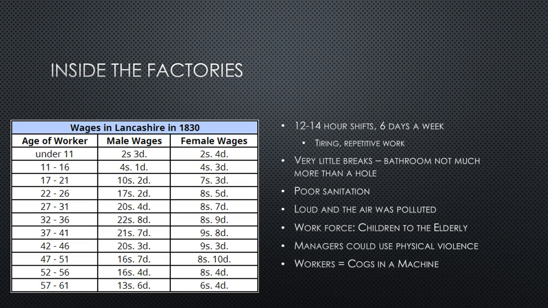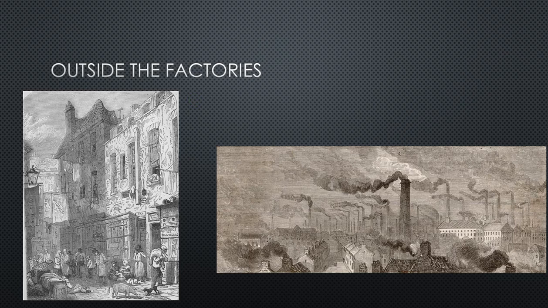Okay, so that's depressing enough, looking inside these factories. But let's imagine that we've just finished our 14-hour shift. Oh, the repetition was terrible. We're all tired now. So let's leave the factory. Here's what the skyline would look like.